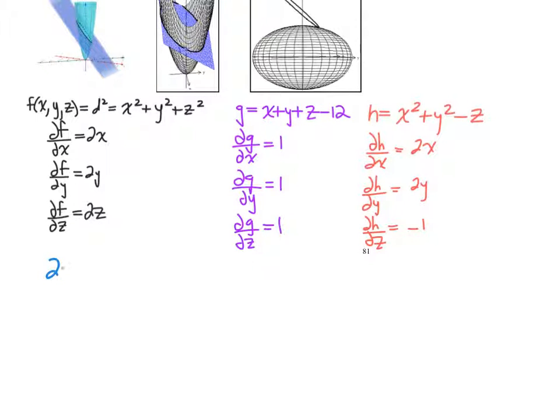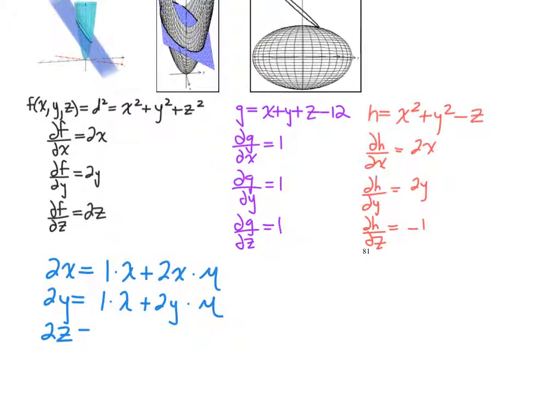So I'm looking at 2x equals 1 times lambda plus 2x times mu. And we'll have 2y is equal to 1 times lambda plus 2y times mu. And then 2z is equal to 1 times lambda plus negative 1, so minus 1 times mu.